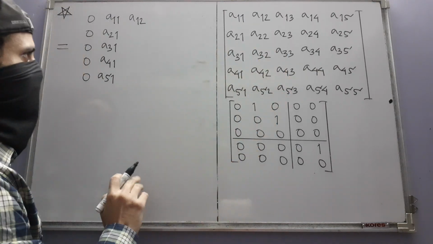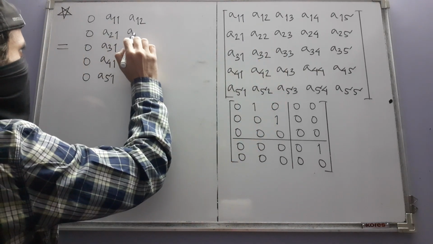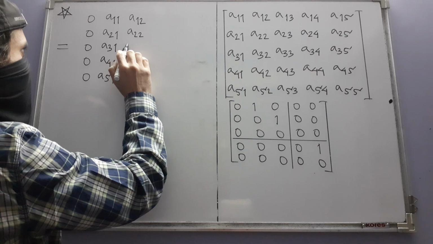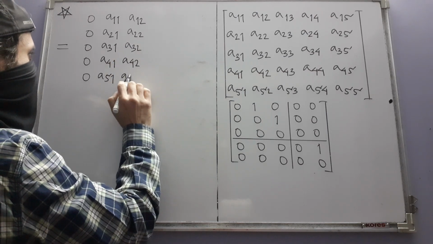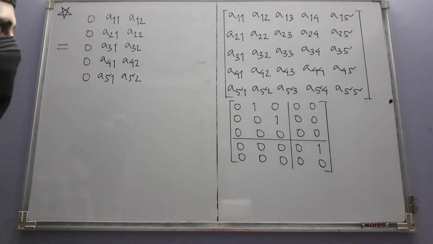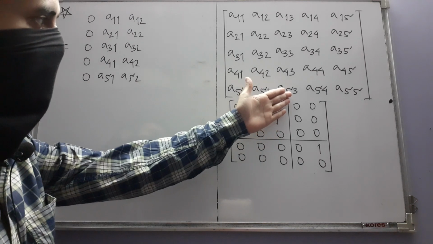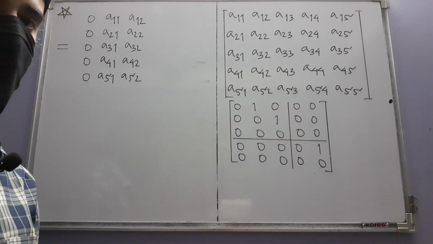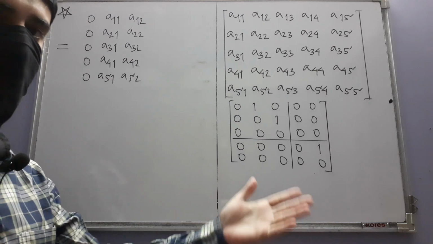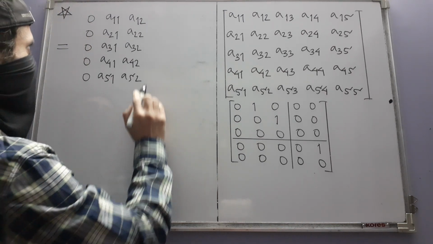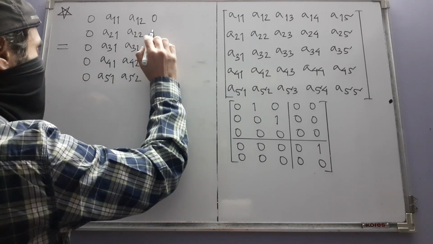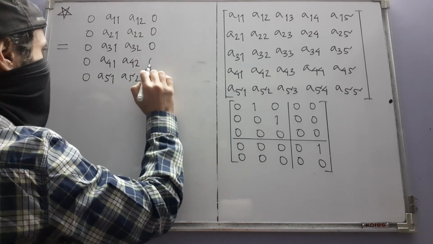Similarly with the other rows also. So A22, 32, 42, 52. Next again we have a 0 column. So any row you multiply with this 0 column is going to produce 0, and that's how we get another 0 column.